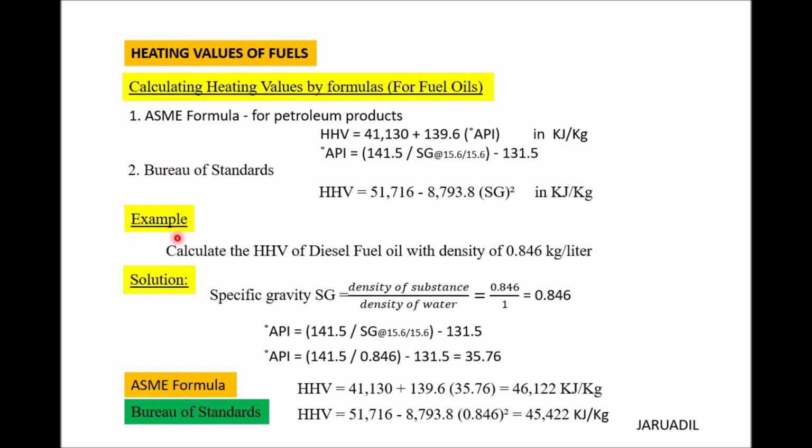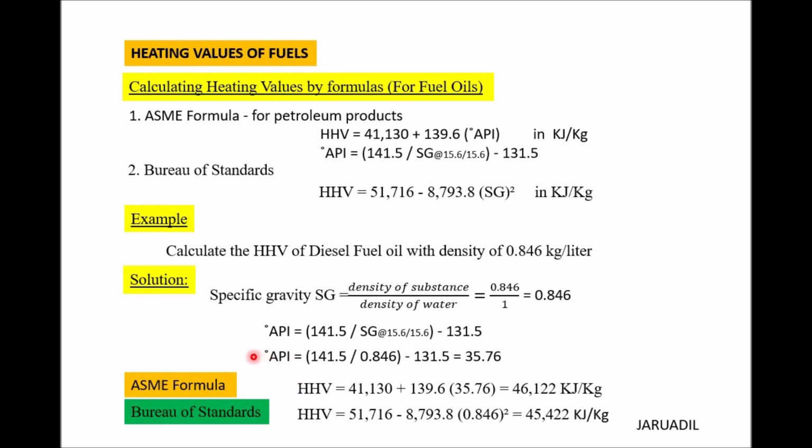For this example, we calculate the higher heating value of diesel fuel oil with density of 0.846 kg per liter. So we compute for the specific gravity by this formula and we find 0.846 and we compute for the degrees API because it is needed here in ASME formula. So we got 35.6 degrees API using this formula.